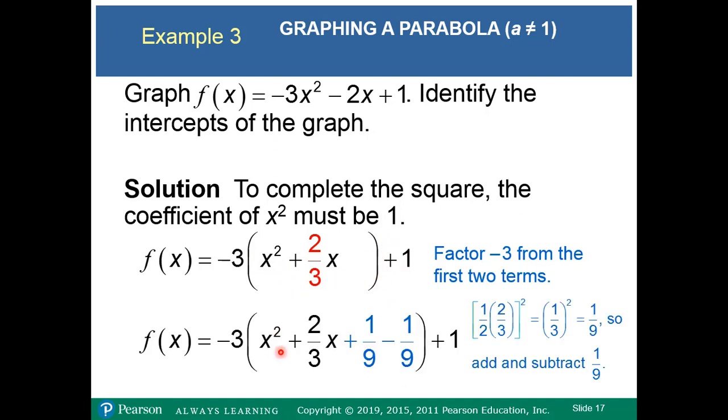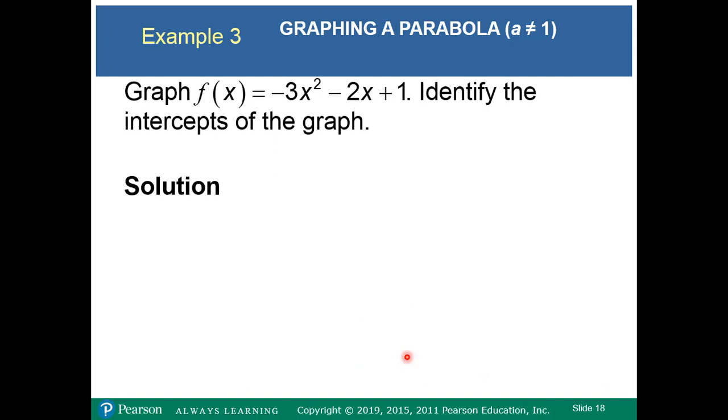And now you're going to complete the square. So in order to complete the square, what do you have to do? You have to divide this by 2, which gives you 1/3, and then square it, which gives you 1/9. So you're going to add and subtract 1/9 here. Now you're going to split this off, but you're going to have to distribute the -3. It's -3 times this whole thing minus -3 times 1/9.